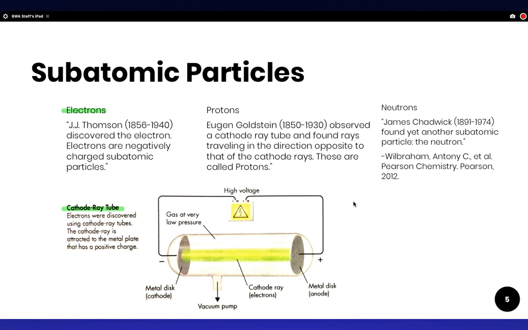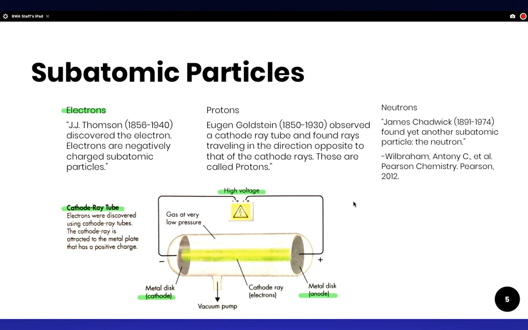It's vacuumed out, and he was able to put a metal disc on one end that was negatively charged, so the cathode, and then a positively charged disk on this end, and he hooked them together with high voltage and actually observed tiny negative particles traveling from the cathode through the vacuum to the anode. And that is how the electron was discovered.